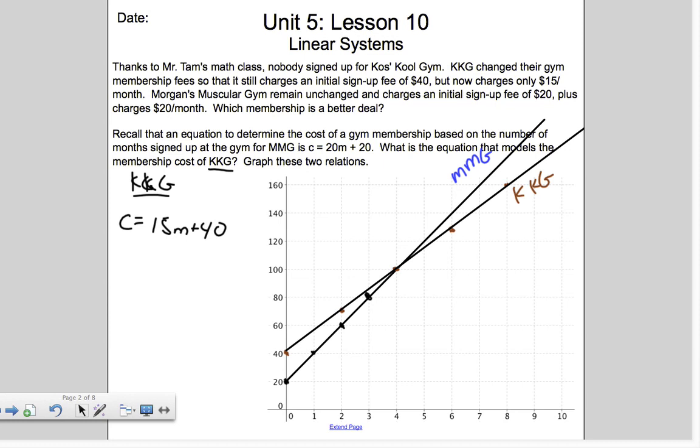It's 55, it's 70, and then the next one should be 85, and then 100.